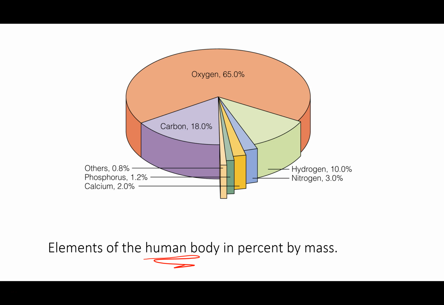Now, the reason that we have a lot of oxygen, and this is by mass, by the way, so not by counted number of particles like the universe one was. So we have a lot of oxygen and a fair bit of hydrogen, considering how hydrogen is so light. Why do you think we have a lot of oxygen and hydrogen? Because we have a lot of what compound in our bodies?